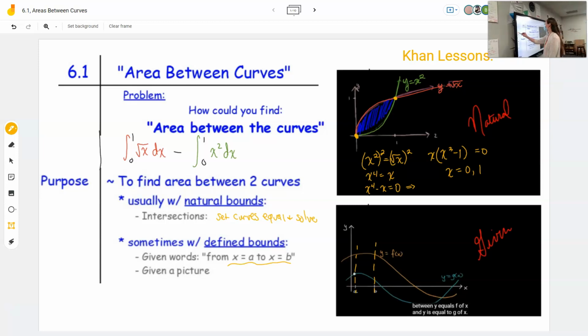But do you guys know why, for this one, I would have to do the integral from A to B? I don't know what the numbers are, whatever they tell me. Why am I going to have to do F minus G? Why couldn't I do G minus F? Why do I need to do F minus G and not G minus F?